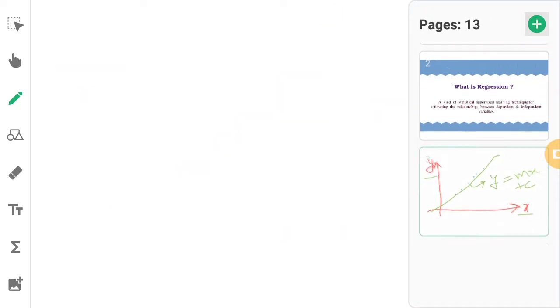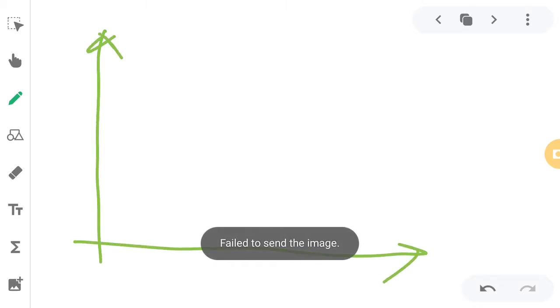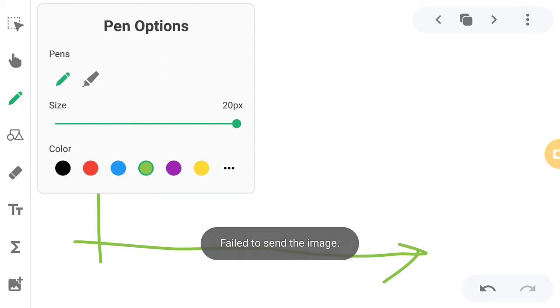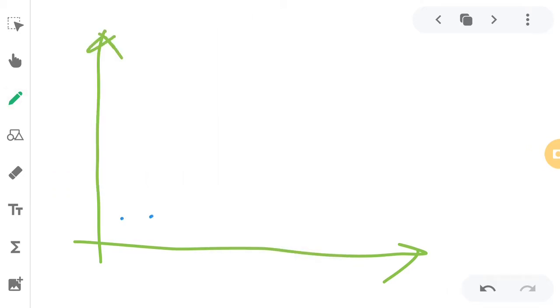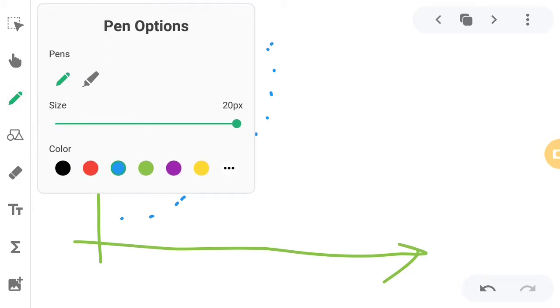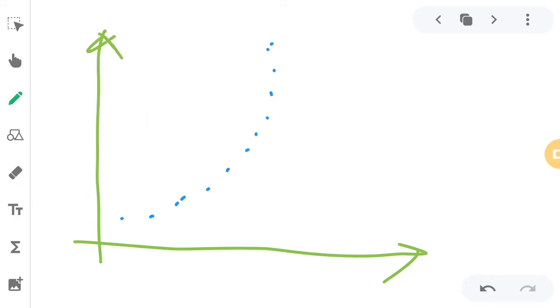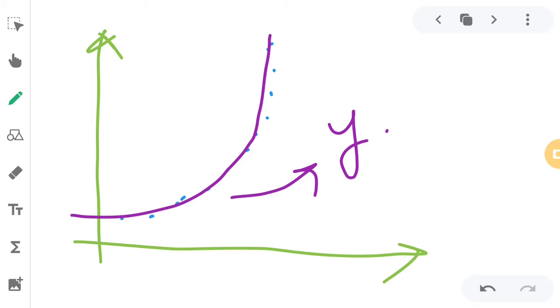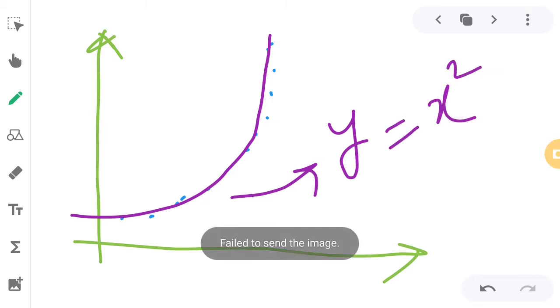Similarly, if the points are like this, then it is a parabola. Its equation is y equal to x square plus c.